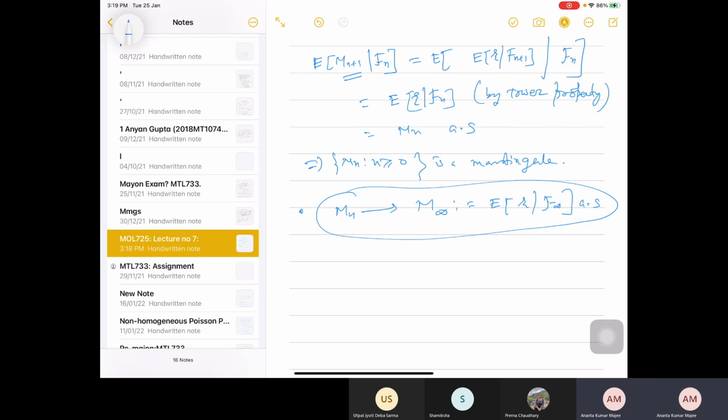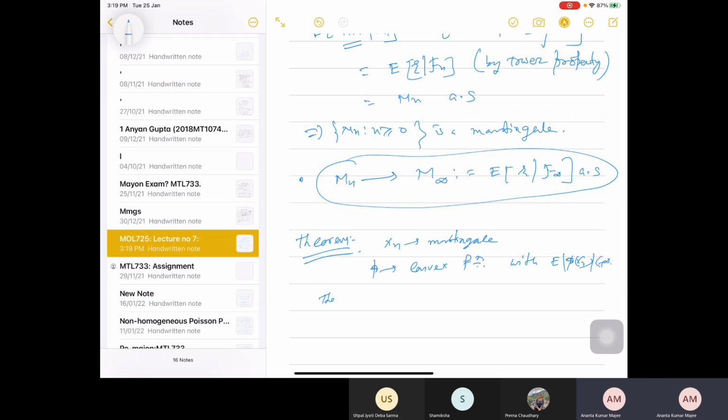So I will make one more theorem. What it says is that suppose my Xn is a martingale, and phi is a convex function with expectation of phi of Xn finite.